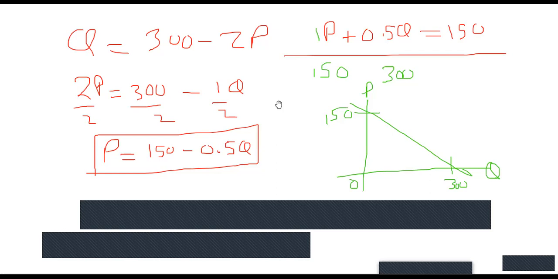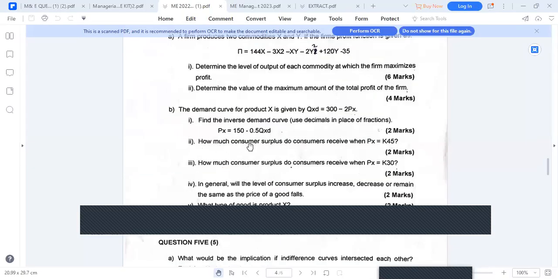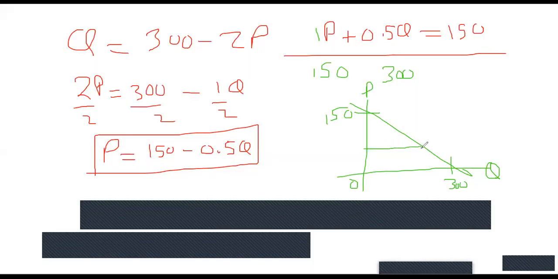Yes. Okay. So now let's go to the next part of the question. They're asking us to calculate the consumer surplus if the price is 45 kwacha. So the graph is very important. We put 45 kwacha here on the price.